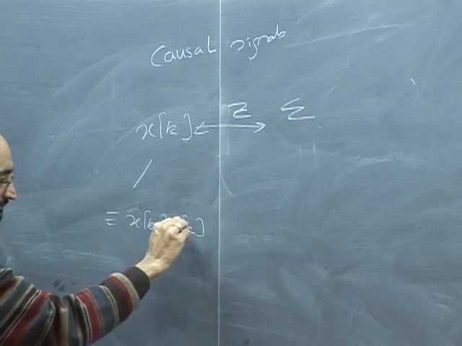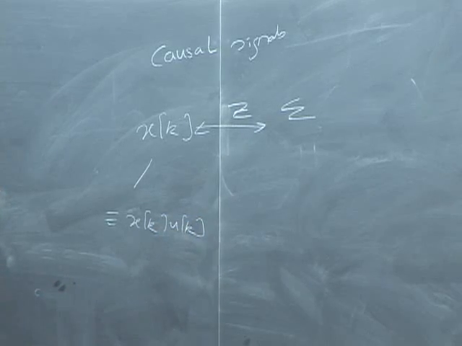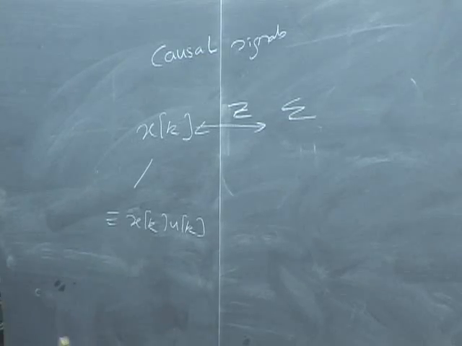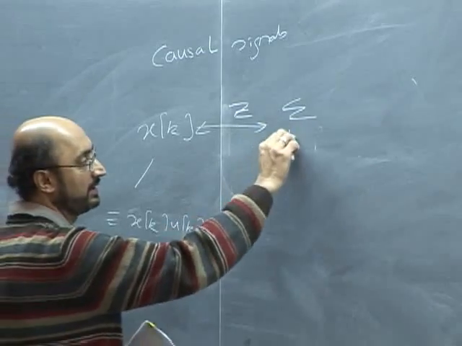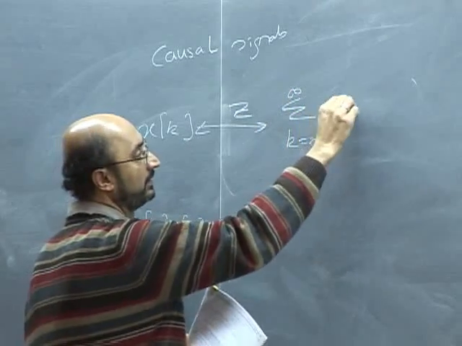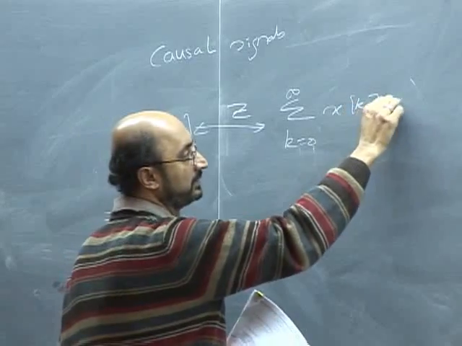The unit step function u[k] is automatically assumed in this exposition because we're only considering causal systems. So the sum will be from k equals 0 to infinity; we'll ignore the minus infinity. X(z) equals the sum of x[k] z to the minus k.